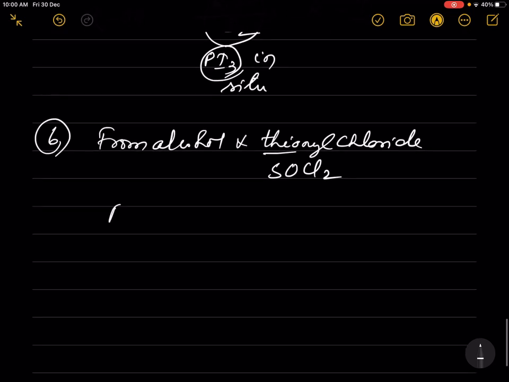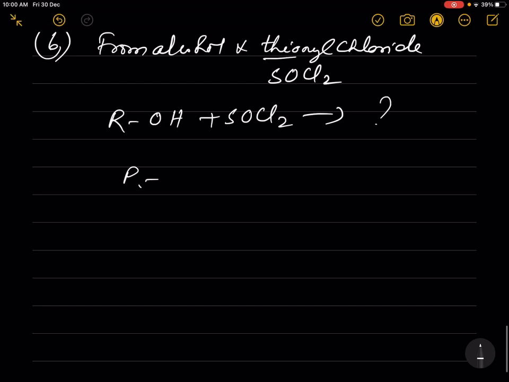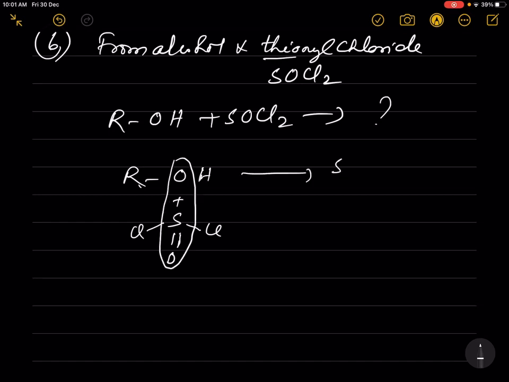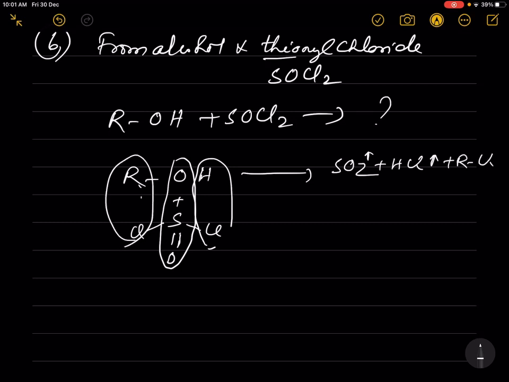So when alcohol is treated with thionyl chloride, ROH with S double bond O and Cl gives SO2, H with Cl gives HCl, R with Cl gives RCl. So when alcohol is treated with thionyl chloride, it gives alkyl chloride in pure form.